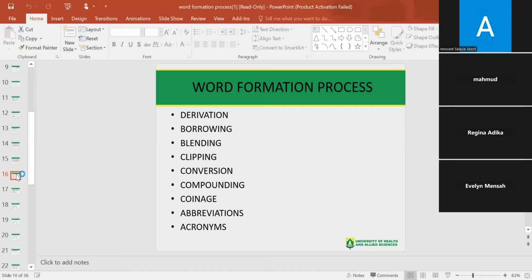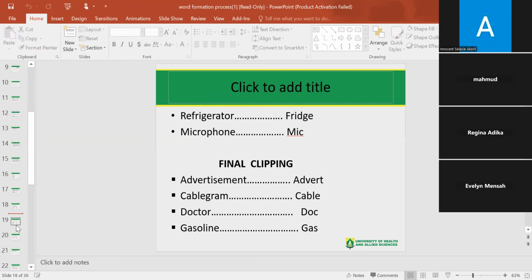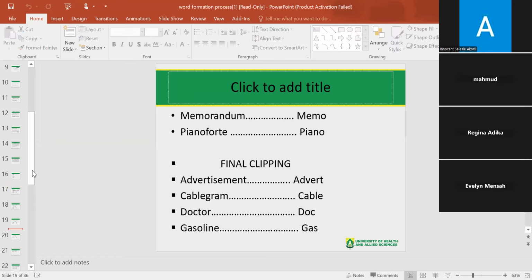This has to do with using parts, P-A-R-T-S, parts of the original words. You take part of word number one, you take part of word number two, you put them together so you can get a blend, or what we call blending. Of course, blending is a process.